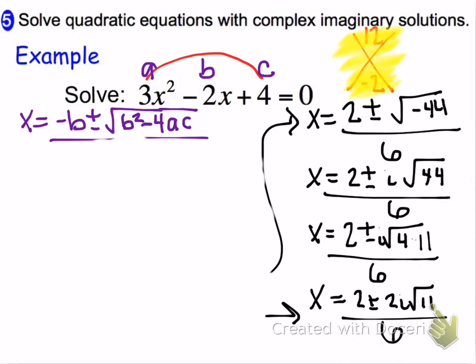Well, the 2 and the 2i are both even numbers, and so is that 6 in the denominator. So I can actually reduce it a little bit more by dividing everything by 2. So I end up with 1 plus or minus 1i times the square root of 11 divided by 3.